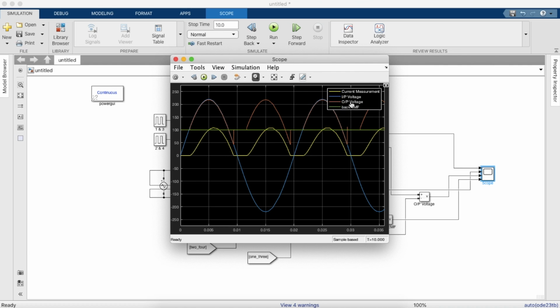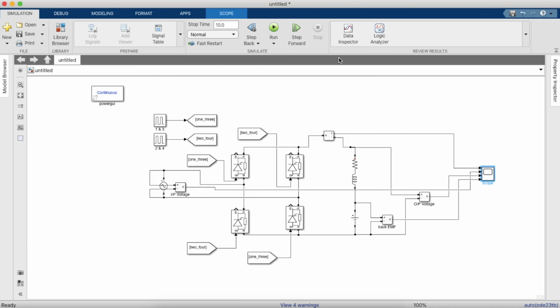As you guys can see, the current is in discontinuous mode because for a prolonged period of time it's in contact with the x-axis, and the blue waveform is the input voltage, which is AC, and the red waveform is a DC voltage. And the other one is the back EMF of the equivalent motor.